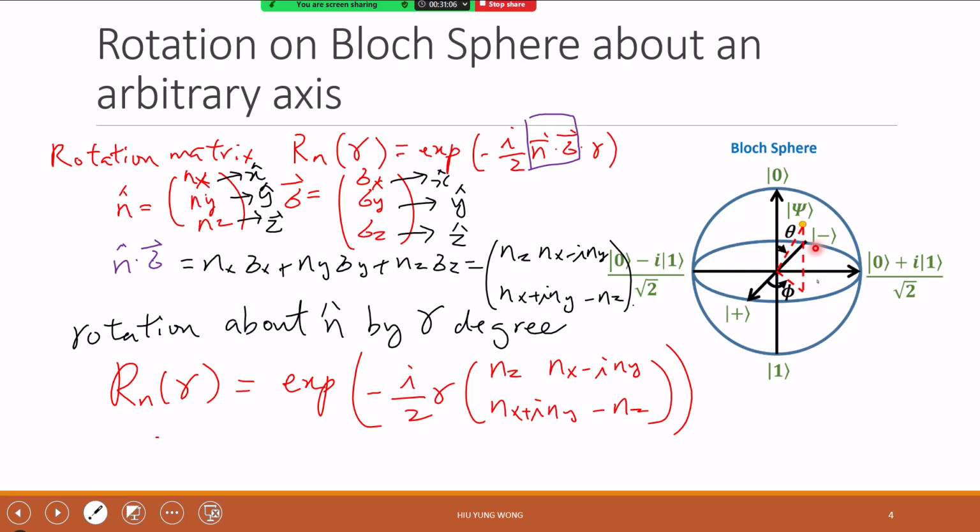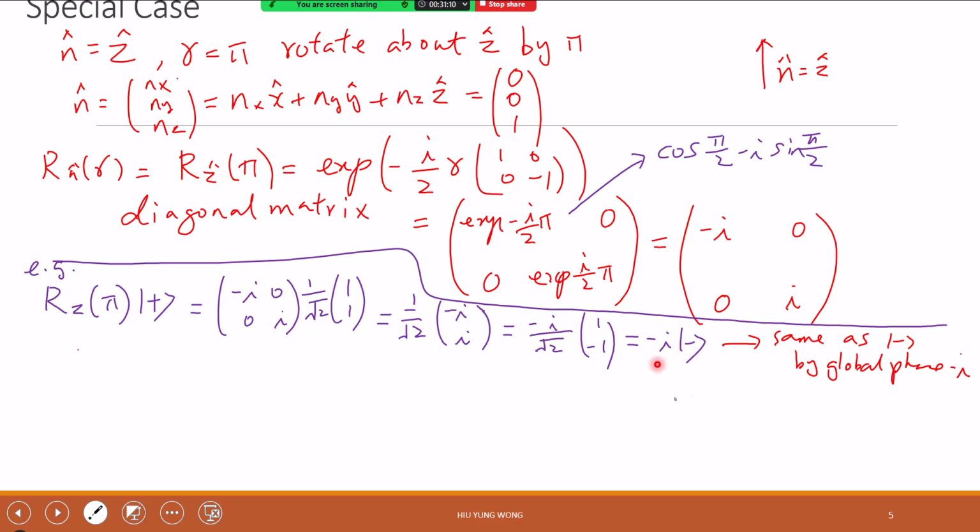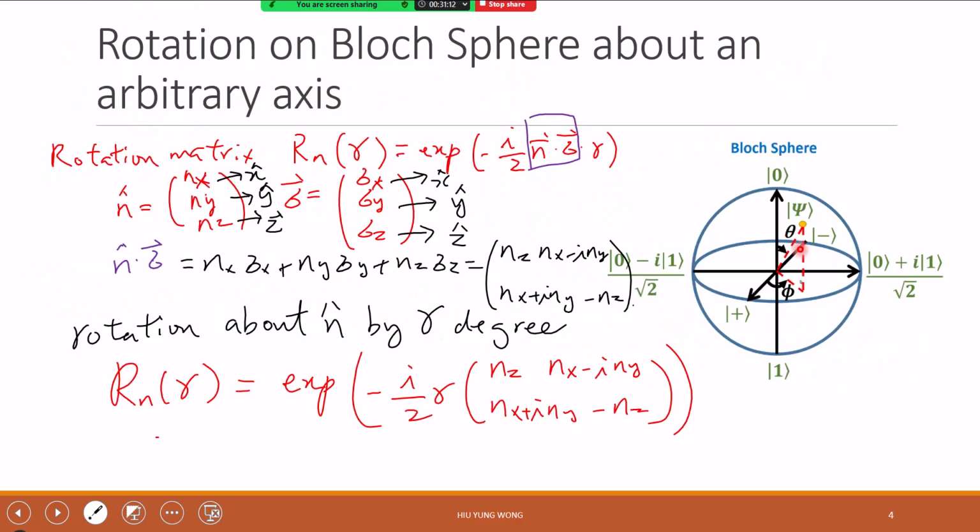It gives you negative i minus, which is correct. This is the exact solution. However, for every point on the Bloch sphere, it actually represents infinite number of states. But these states only differ by a global phase. So there's no contradiction.